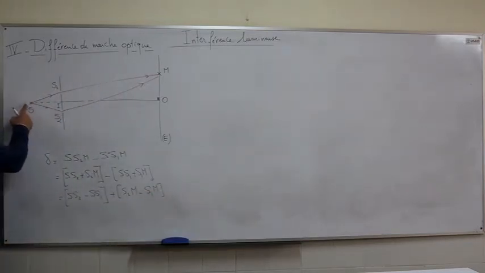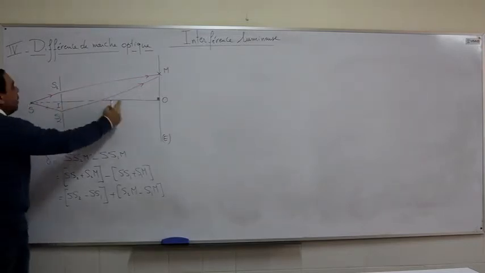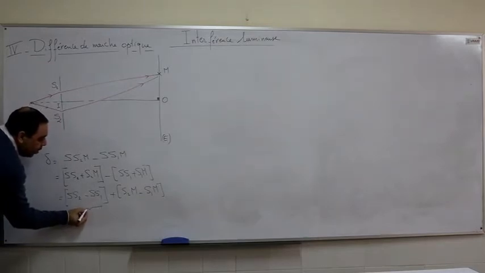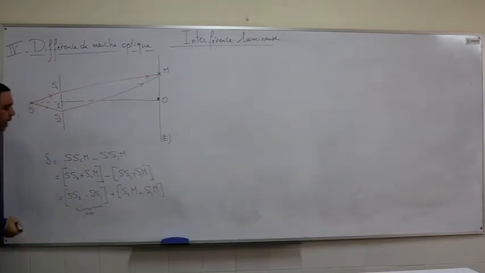If SO is the perpendicular bisector of S1, S2, this difference becomes 0.